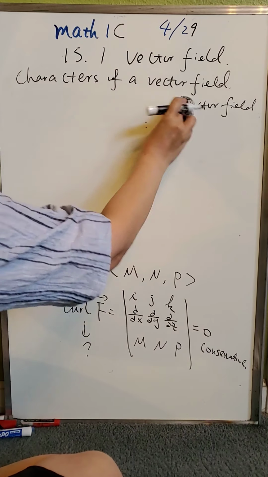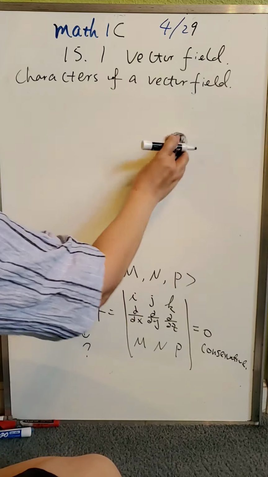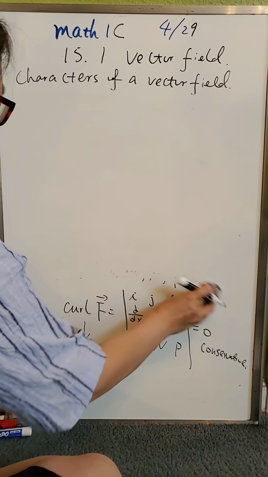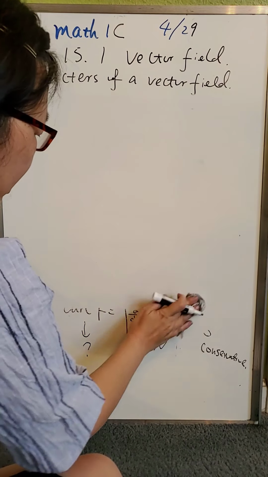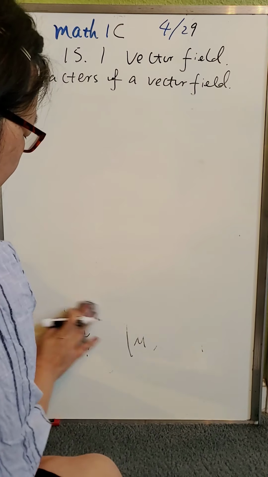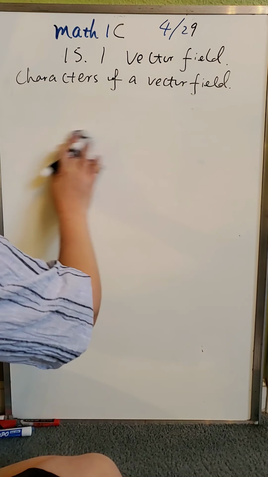This example is about how to find the potential function. Remember earlier I said if F is given to you, then you're going to have a potential function.